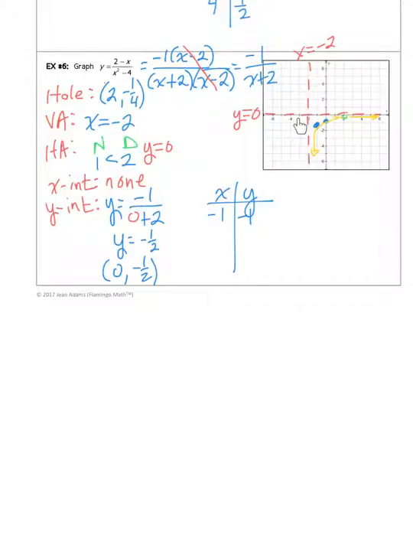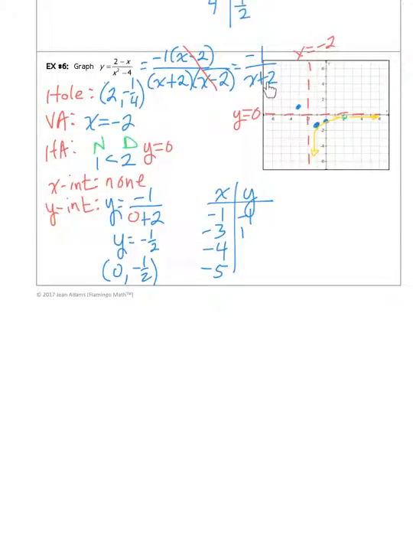So I'm going to choose negative 3, negative 4, negative 5. If I plug negative 3 in here, negative 3 plus 2 is negative 1. Negative 1 over negative 1 is positive 1. So I am over here where I thought I would be. Then plug in negative 4.